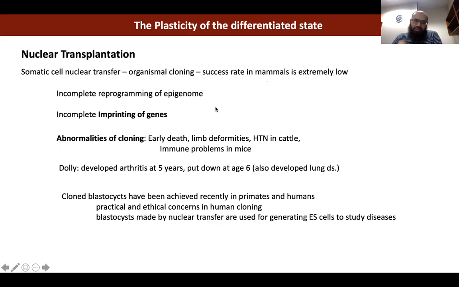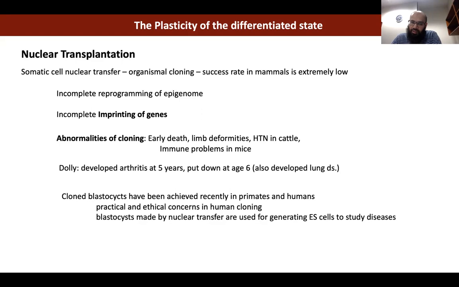And there were visible abnormalities. Especially in mammals, these organisms died early. They had limb deformities, hypertension in large mammals like cattle, and in small mammals there were immune problems, etc.